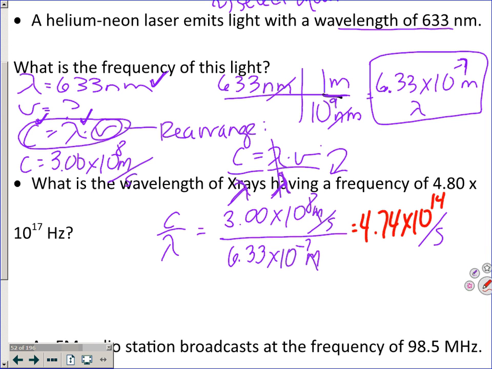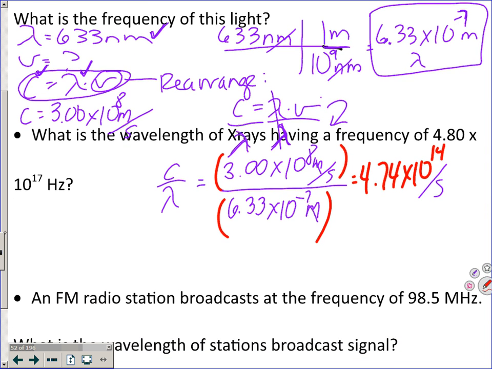If you didn't get times 10 to the 14th, it's because you have to put parentheses when you're dividing in your calculator, because it will think that you're dividing by 6.33 and then doing a separate multiply step, but it doesn't understand that's one big step. It's saying it's number of waves per second, but we just usually don't write waves because waves are understood. That was stuff from Friday, not even new stuff.